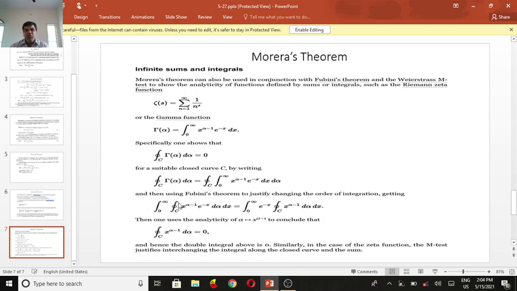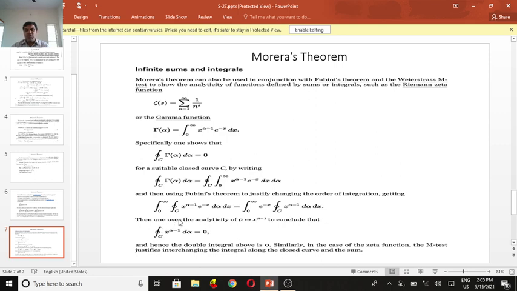Then using Fubini's theorem to justify changing the order of the integrations, we get the integral from 0 to infinity of e to the power of minus x times the integral over the closed path c of x to the power of alpha minus 1 d alpha dx.